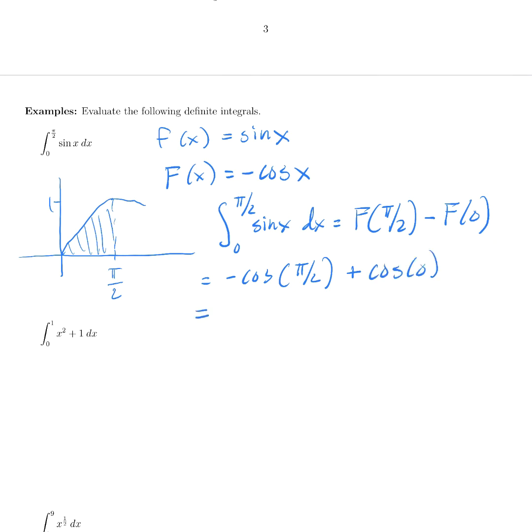Cosine of pi over 2 is 0, cosine of 0 is 1, so that's 0 plus 1, or 1. So we just found that this area between sine x and the x-axis from 0 to pi over 2 has area 1 square unit.